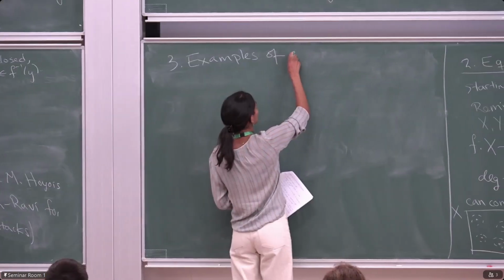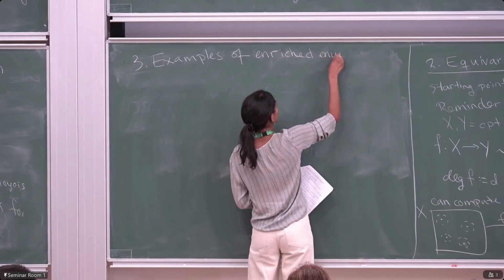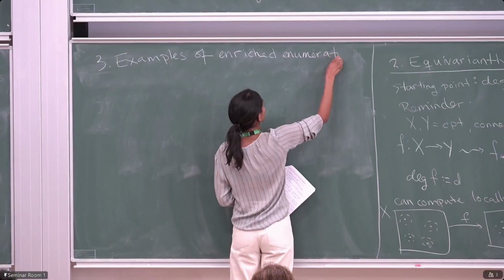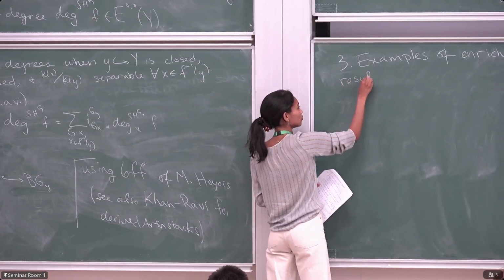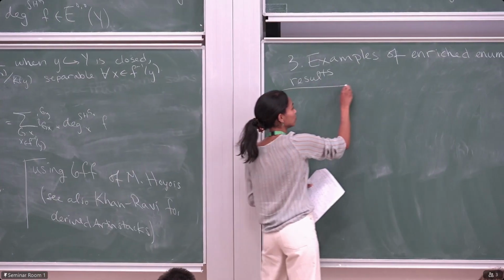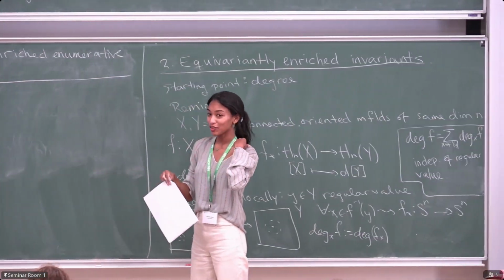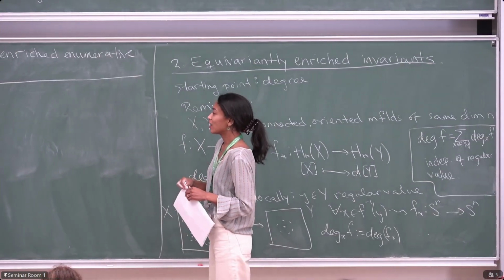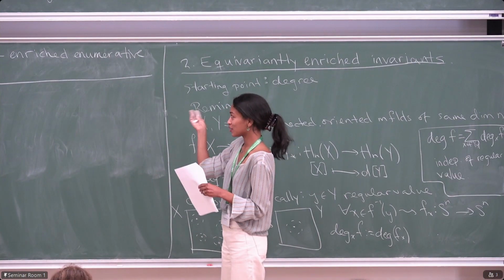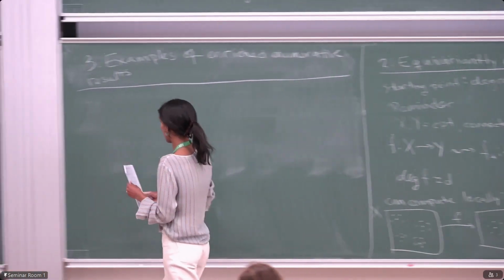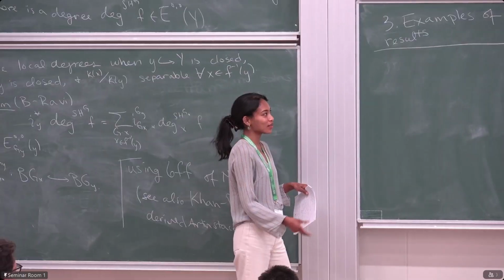Let's do some examples of enriched enumerative results. I talked a lot about the example of 12 rational cubics through 8 points before, because that's the one I'm going to do again. Maybe let me first define what a rational curve is.